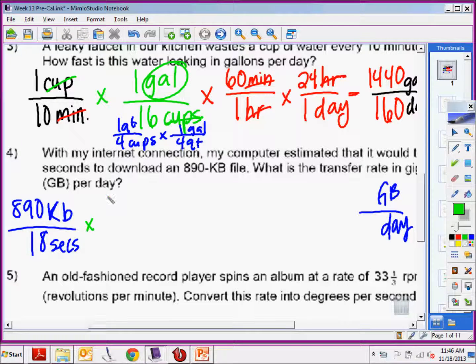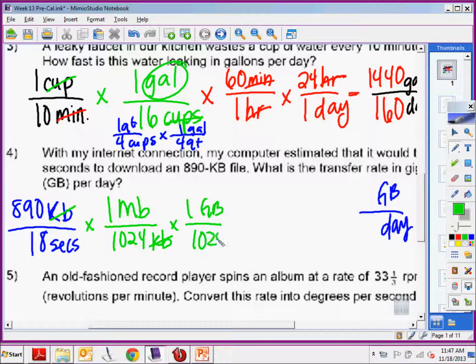So 1 megabyte is 1024 kilobytes. I don't want megabytes, I want gigabytes. So 1 gigabyte is 1024 megabytes. Megabytes cancel out. Am I in the units I want?